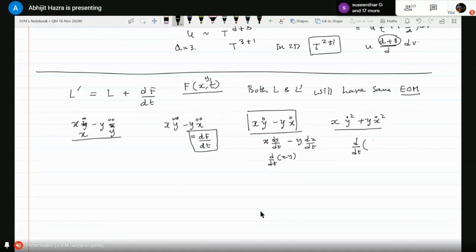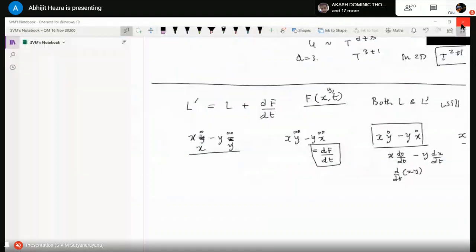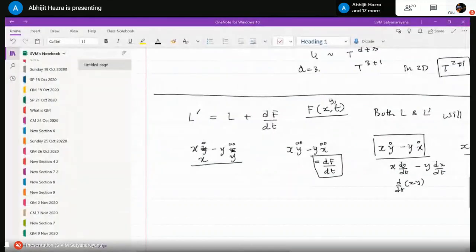Right. Time derivative, added to the same equation.